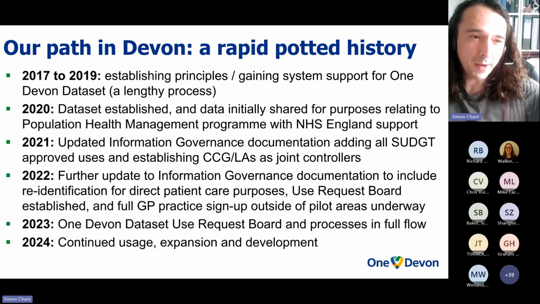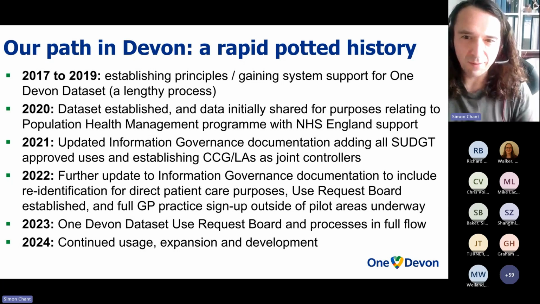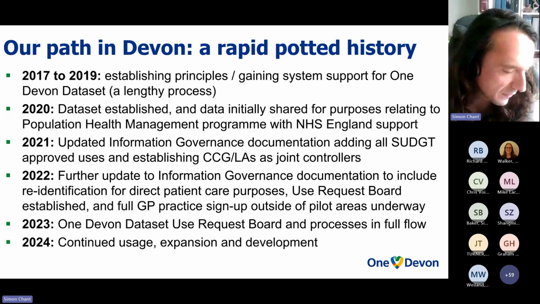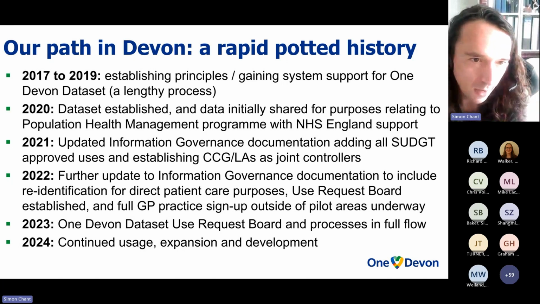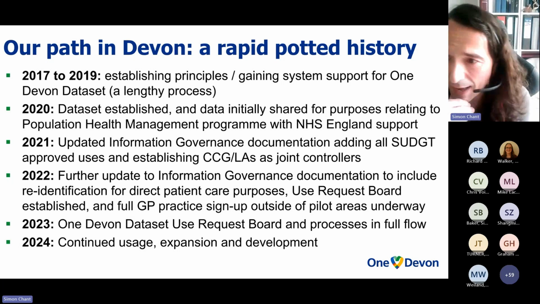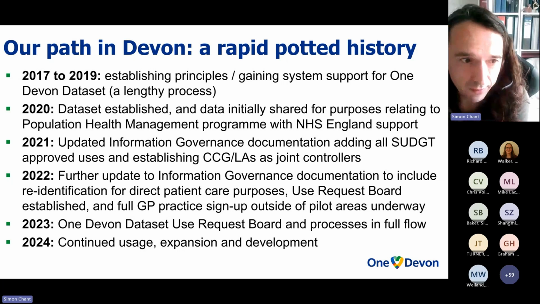And then from 2021, we established and started developing the further local applications and really embedding what we were doing within the Population Health Management Development Programme. So we devised a roadmap to how we would do this, and we developed the information governance documentation.